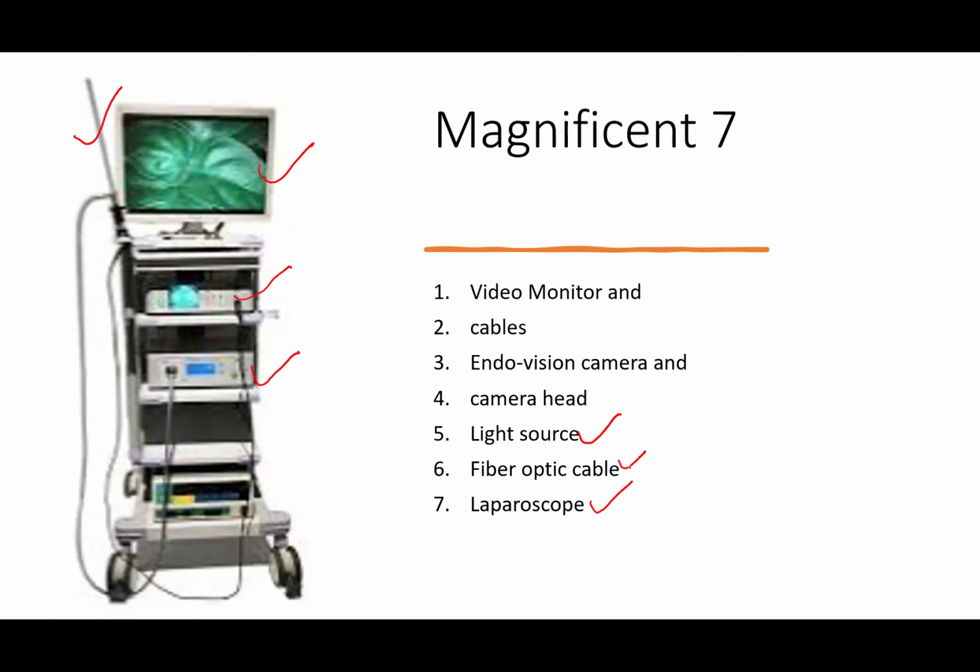Now, in most cases, you see the energy source in the trolley, either a diathermy machine or other forms of energy sources. But the basic items the trolley should carry is the Magnificent Seven, as we mentioned.